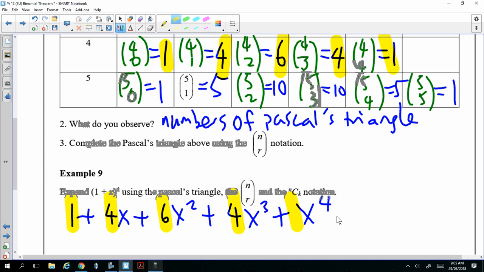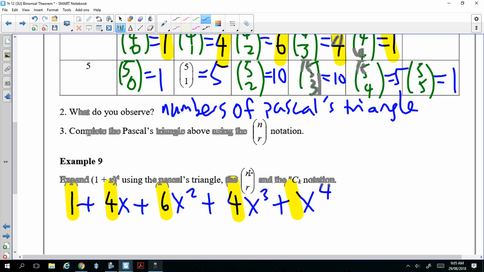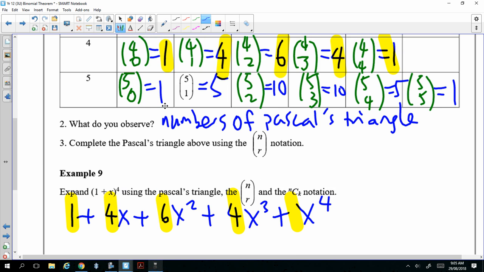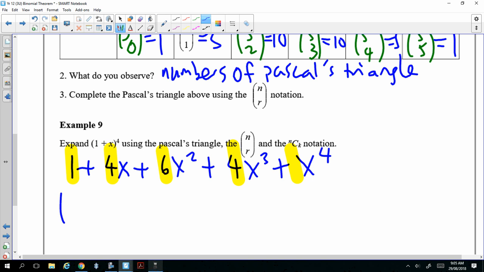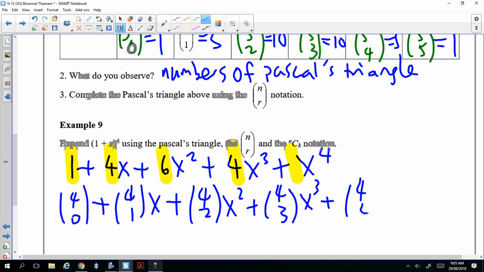Now, I also want to expand using this notation, the nCr notation. So the first term you write 4 0, right? Plus 4 1x, 4 2x squared, 4 3x cubed, and 4 4x power of 4.